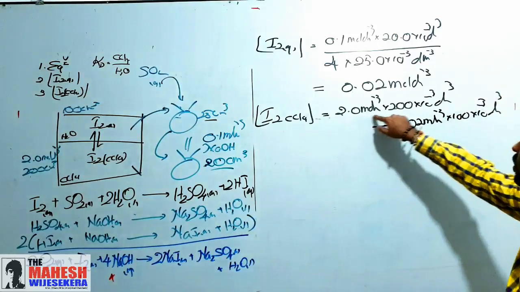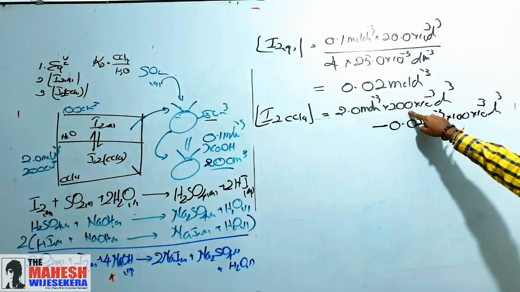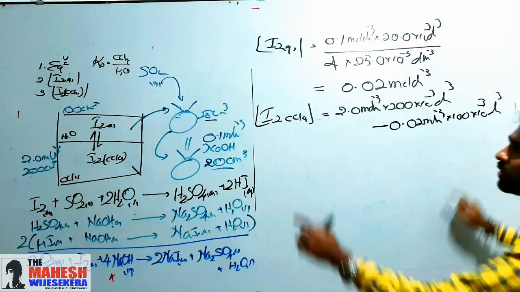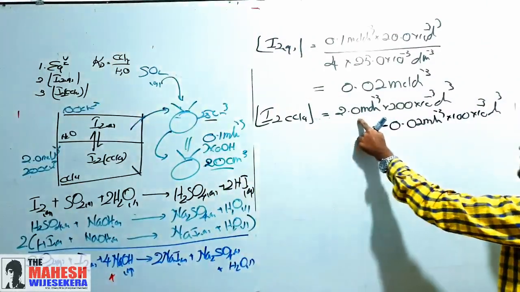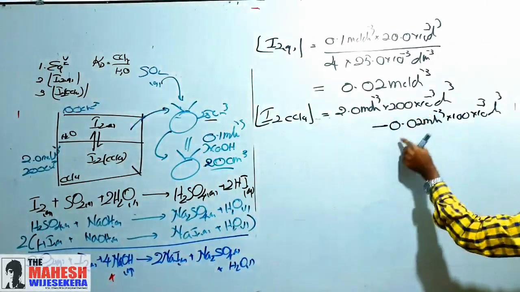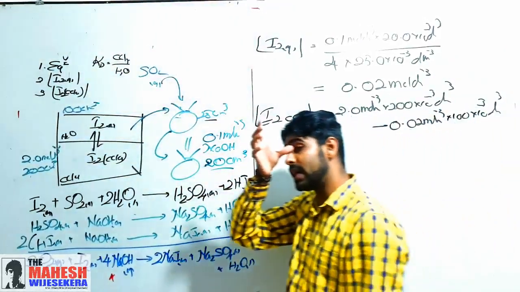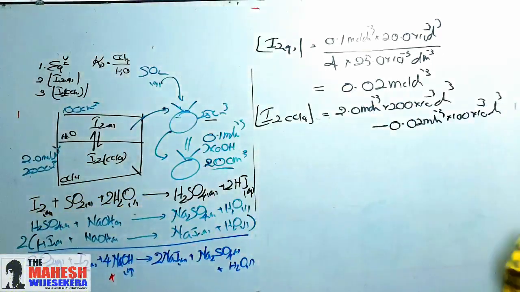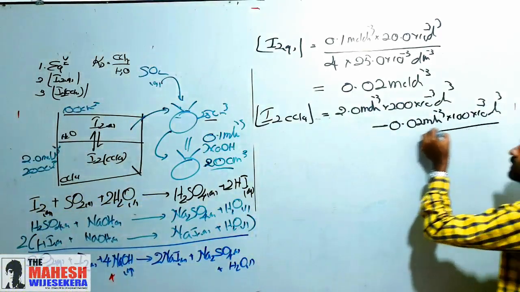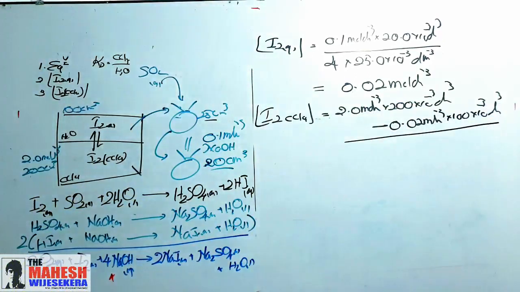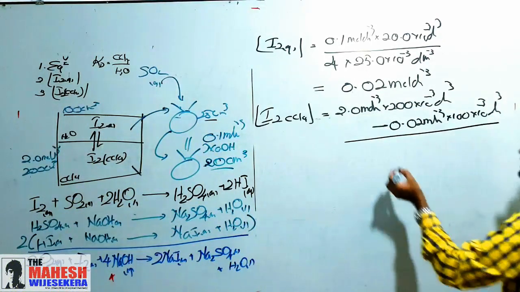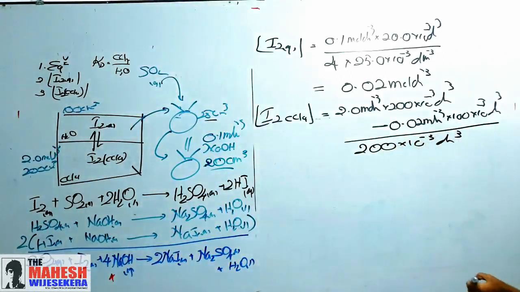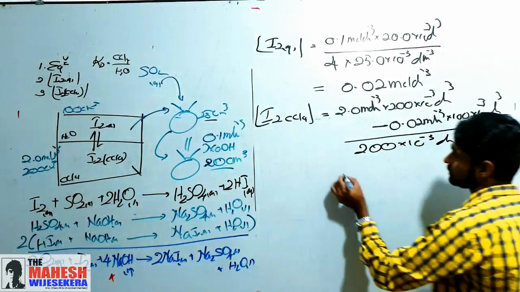So how much I2 in CCl4 remains? That is the original amount minus the amount in the aqueous layer, divided by the volume of the CCl4 layer, 200 into 10 to the power minus 3 cubic decimeters. That will give you the concentration.